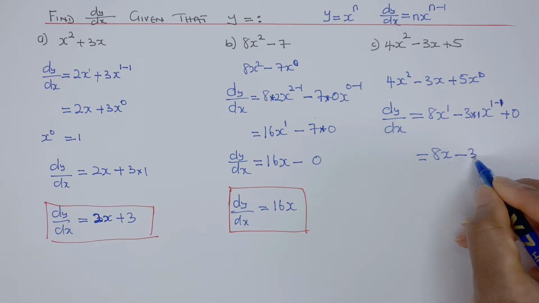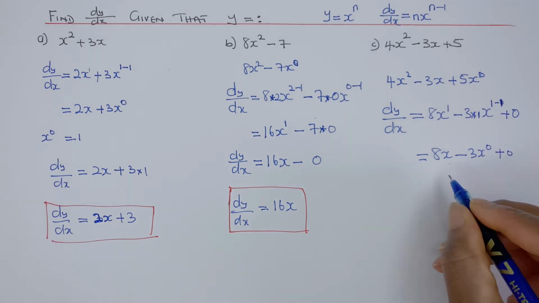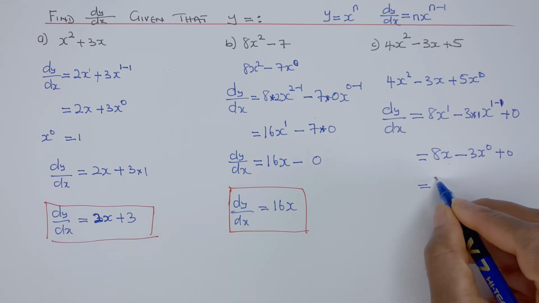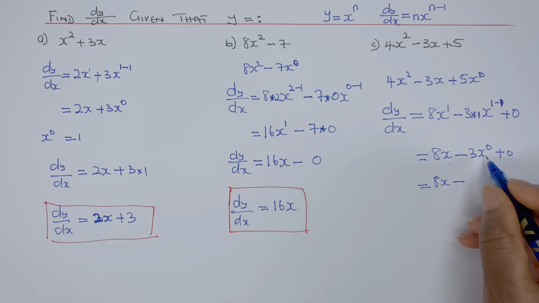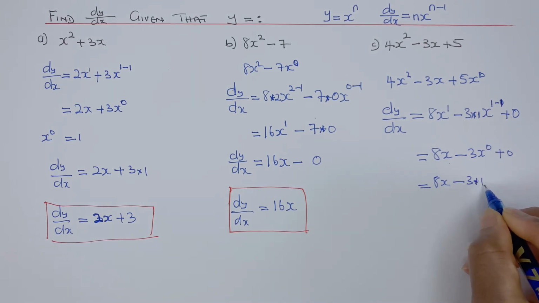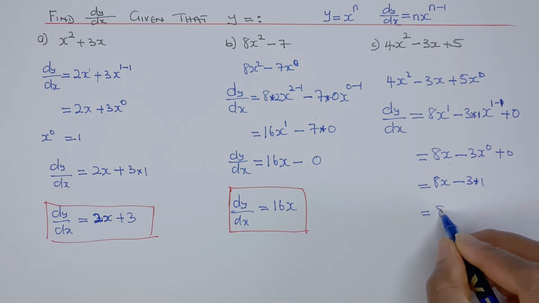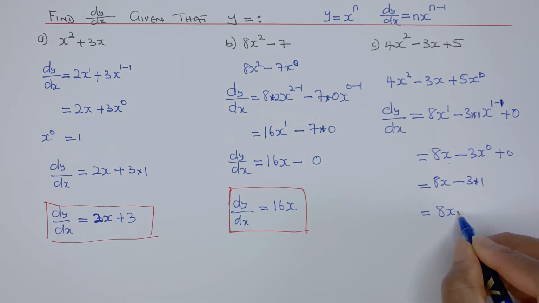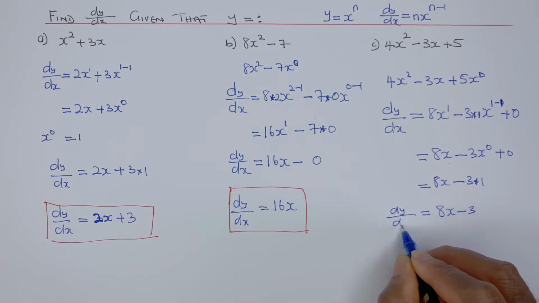So that would be 3x to the power of 0 plus 0. And that would be 8x minus, x to the power of 0 is 1, so that's 3 times 1. And that finally will be 8x minus 3. That's dy/dx.